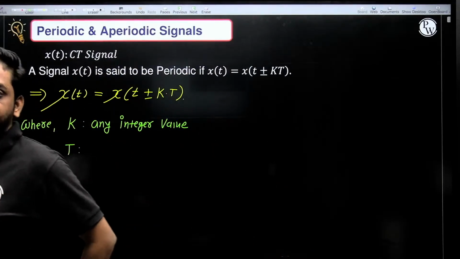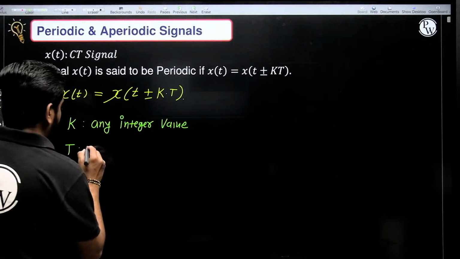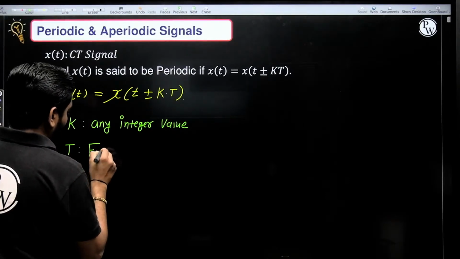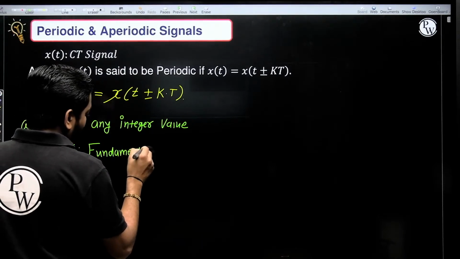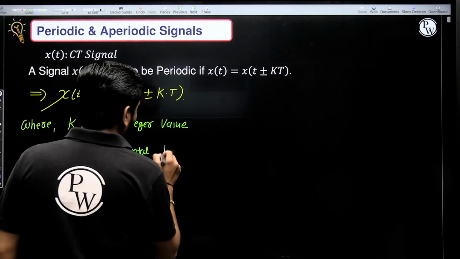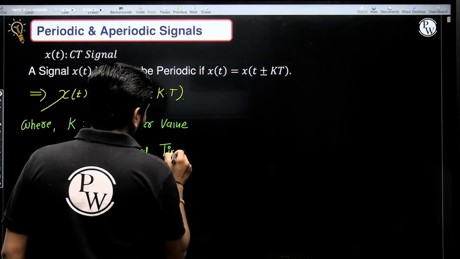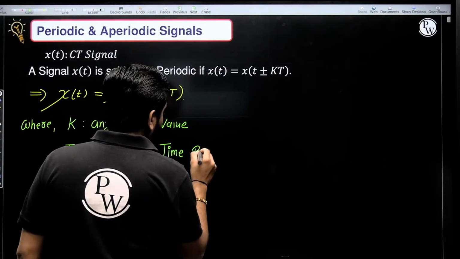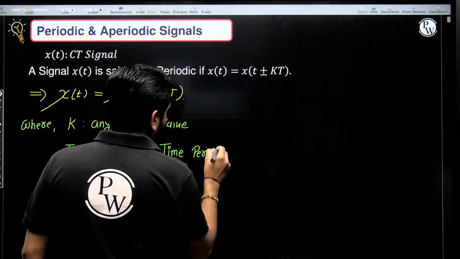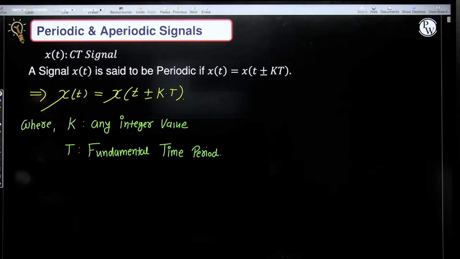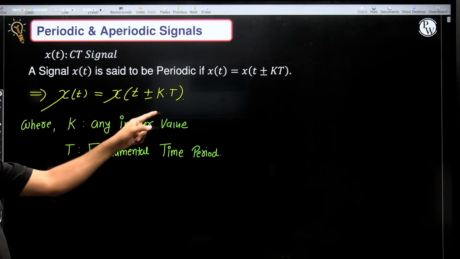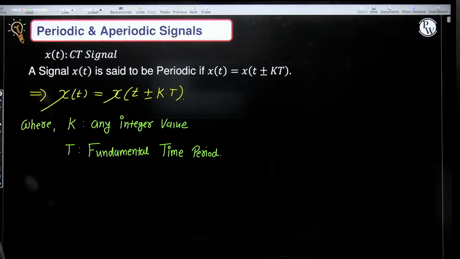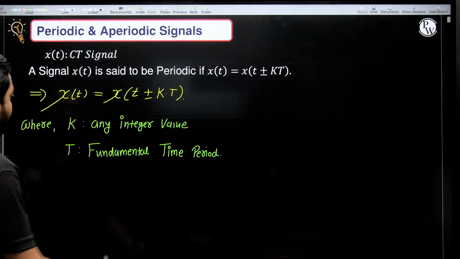Okay, here it is the fundamental time period. Like if k equal to 1, then t plus or minus T, k equal to 2, then t plus or minus 2T, plus or minus 3T, and so on. Okay.